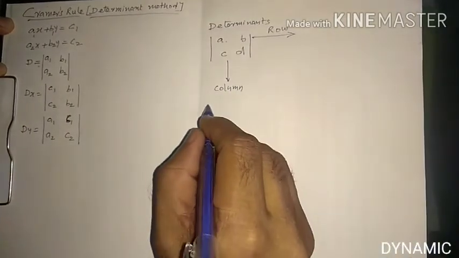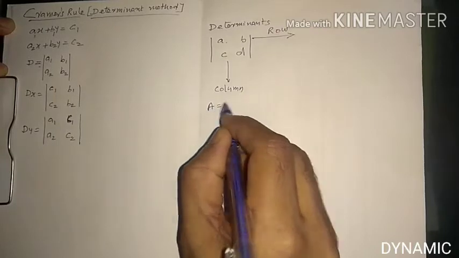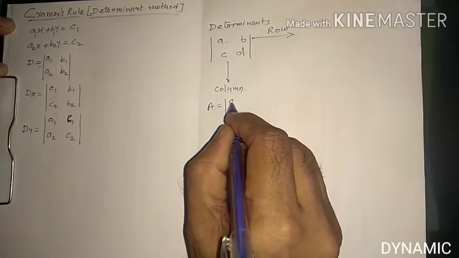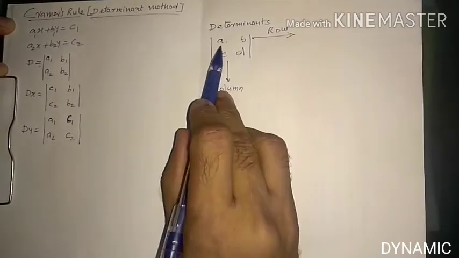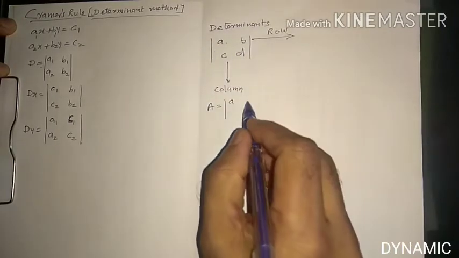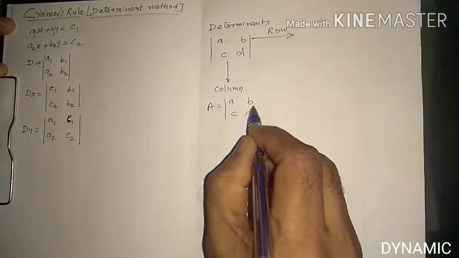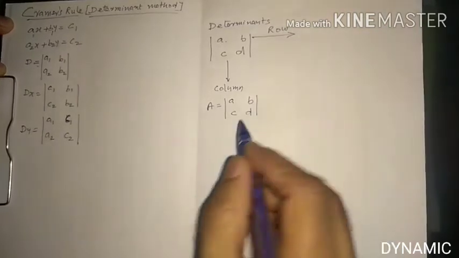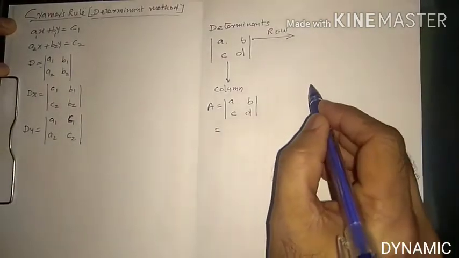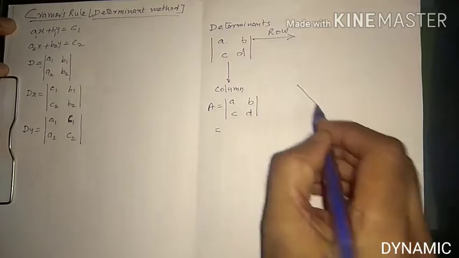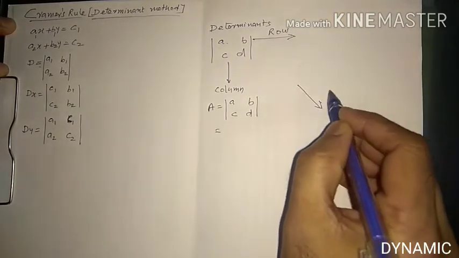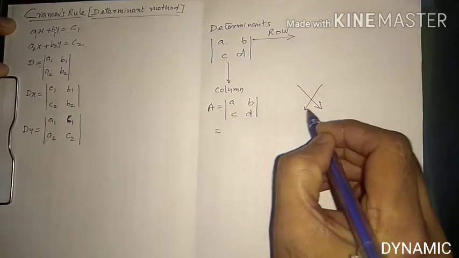Now this is a determinant denoted with a capital letter. These are elements A, B, second row C, D. How we expand this: first you have to go like this, second we have to go like this.